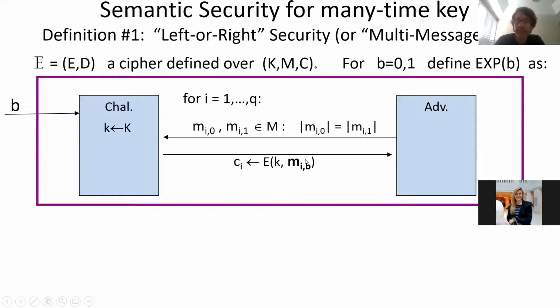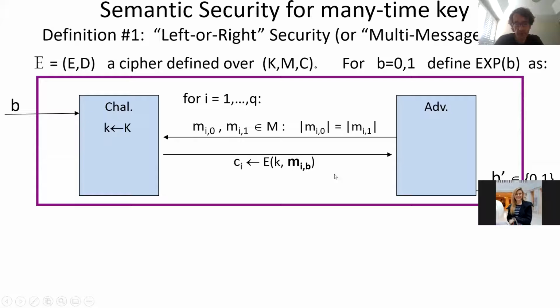But what does he see encrypted? He sees the encryption of one of these two messages. This bit b determines which one. So it is a strict generalization, and the adversary's goal is, as before, to output a bit.